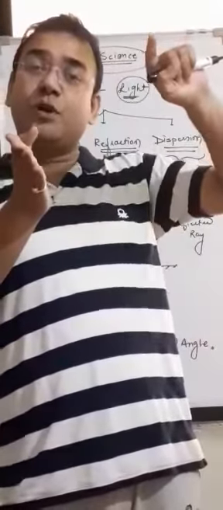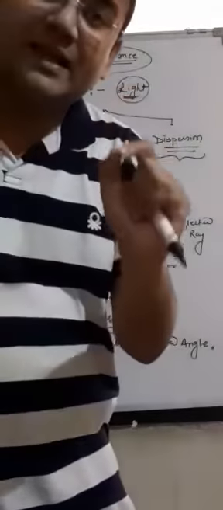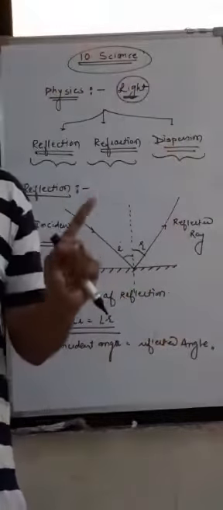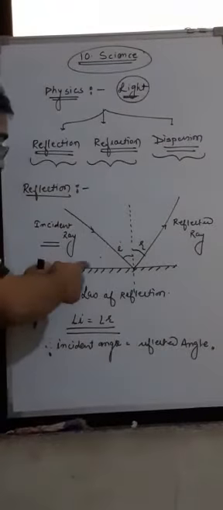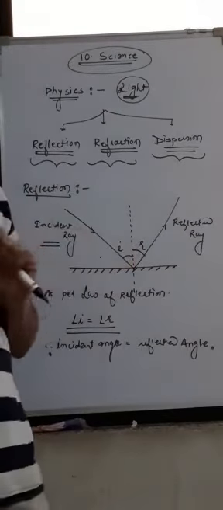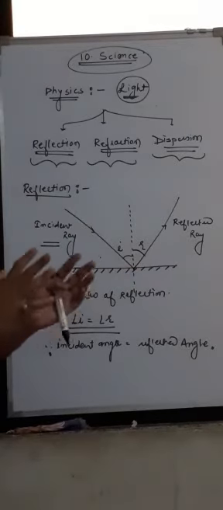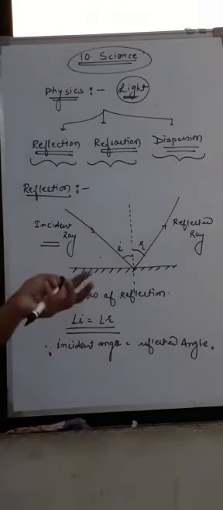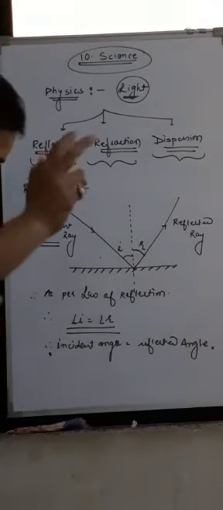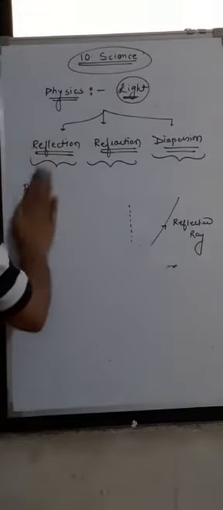In scattering, light also moves in one medium and stays in the same medium, but its incident angle and reflected angle are not equal. But in reflection, the incident angle and the reflected angle are both equal. Third thing, refraction. Refraction is a little bit different phenomenon.